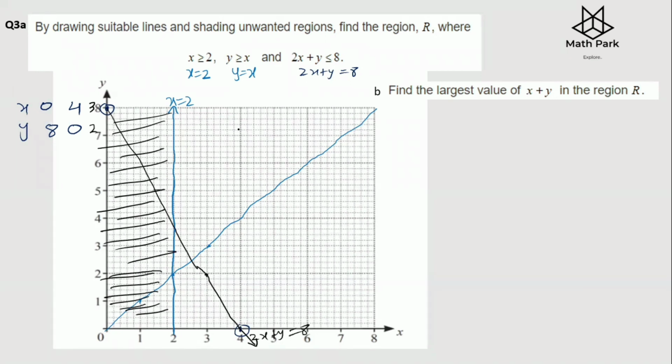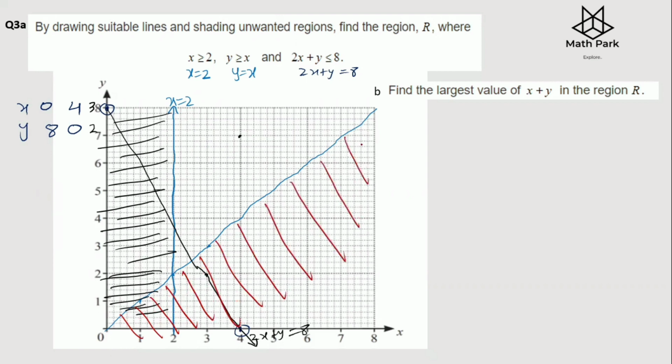All the points above are going to satisfy it. If I take this point, for example, 7 is greater than 4, so this is the region which is satisfying. So the unwanted region is going to be below the line. This is your unwanted region for the line y is equal to x.